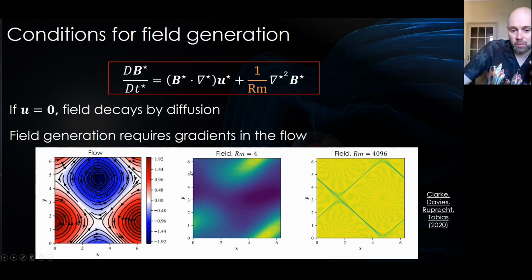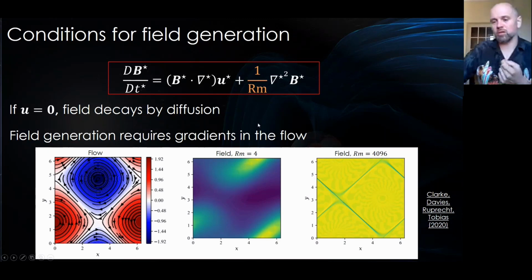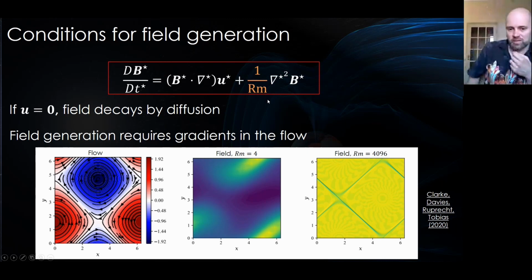These are two examples of a component of the magnetic field when Rm is pretty low and when it's pretty high. And you can see that when Rm becomes really high, you get very complicated structures where the magnetic field is weak, except in these very narrow regions that allow this diffusion term to be comparable to the scale of the other terms.